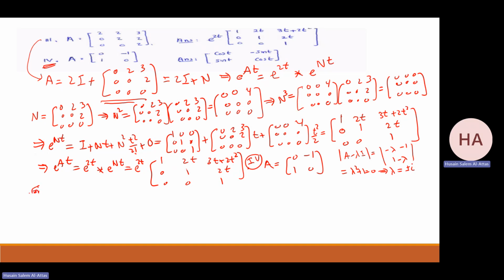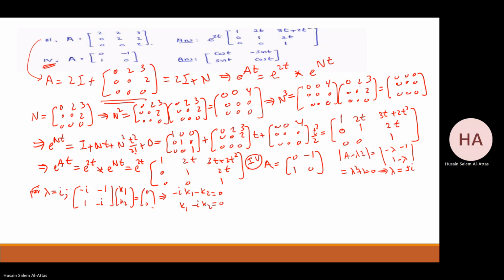Now for lambda equal i, I solve the system. Minus i, minus 1, 1, minus i, times k1, k2 will be 0, 0. So I have minus i k1 minus k2 and k1 minus i k2. These two should be the same. Multiply minus i by the second equation.